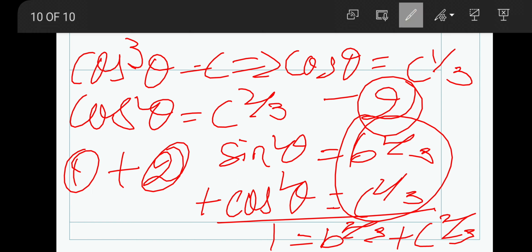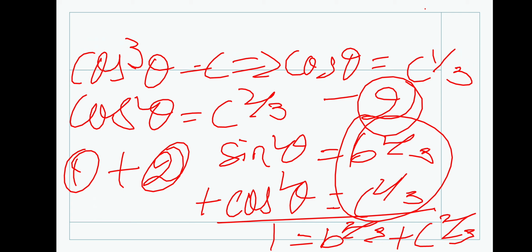The question asked sine cube theta equals b and cos cube theta equals c. Sine and cos have a relation, an identity, but to form that identity and get the value as 1, you have to do all this derivation. You have to keep this in your mind.